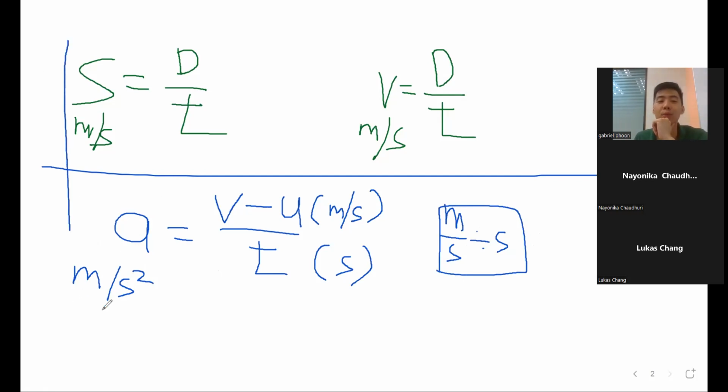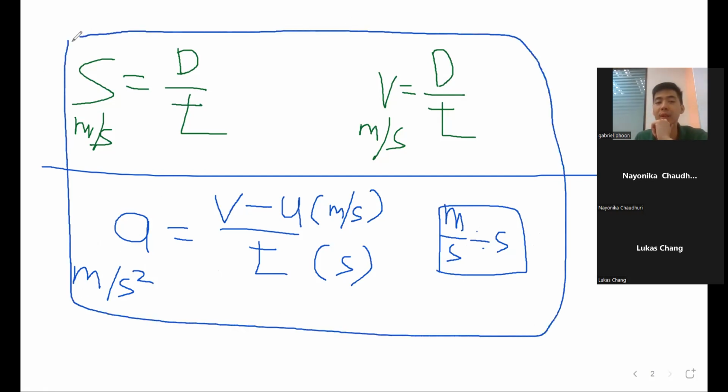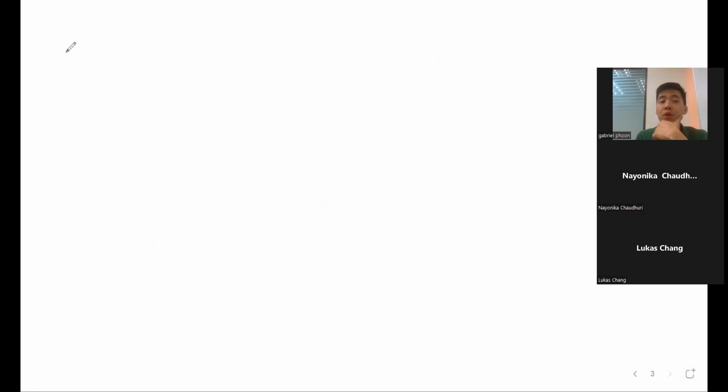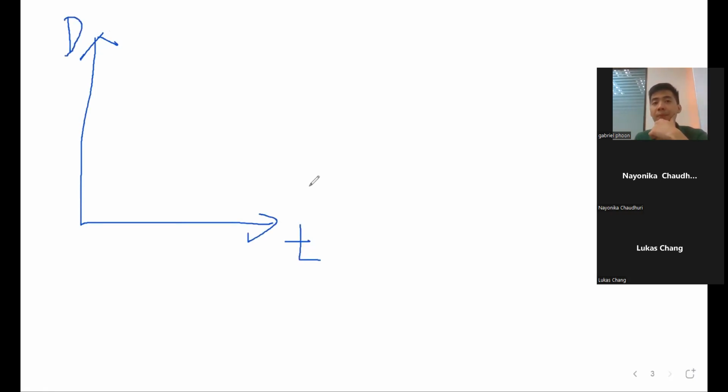Now, with these formulas in mind, we moved on to the next part, which was the motion time graphs, starting with the distance time graph. Let's imagine this is the distance axis and this is the time axis. I mentioned that in graphs, we always extract information based on two things.